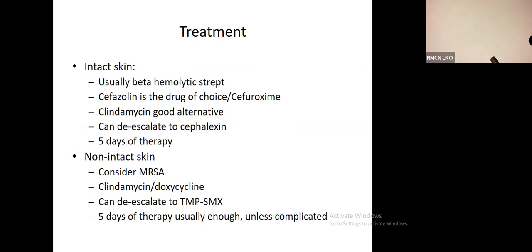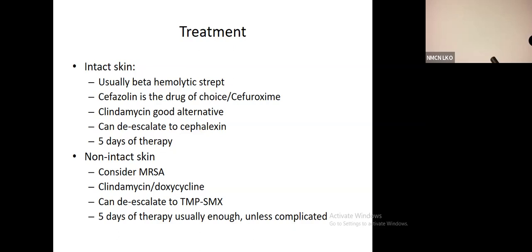How many use cefazolin? What generation is it? It's an intravenous drug. And it's supposed to be the best prophylaxis before surgery. Cardiac surgeons always use it because they are more worried about that. Right? So cefazolin is the drug of choice.